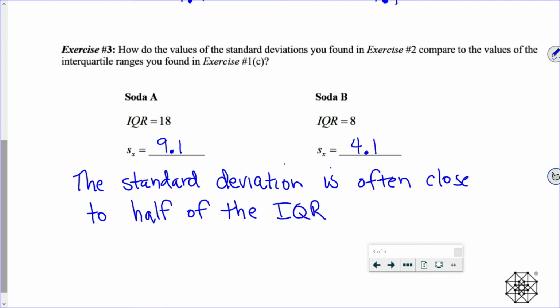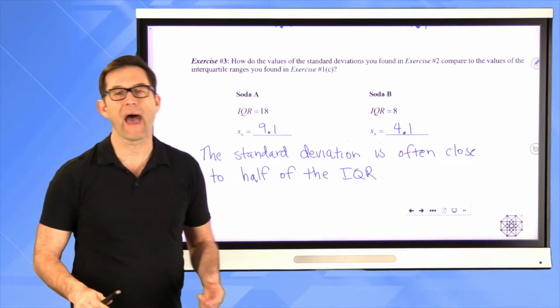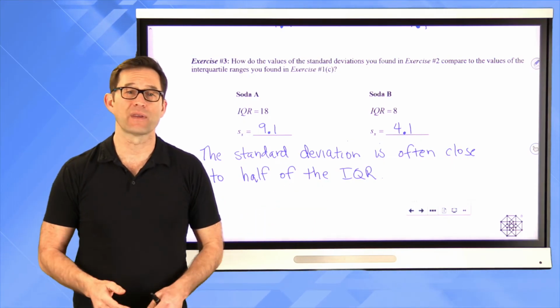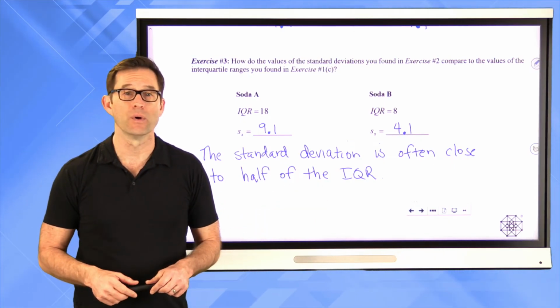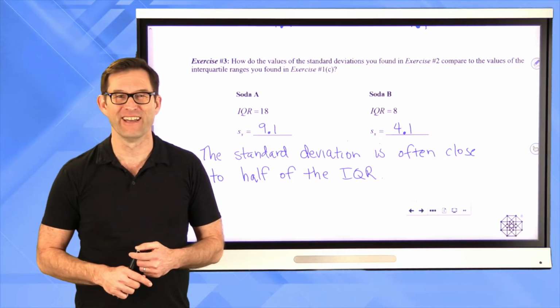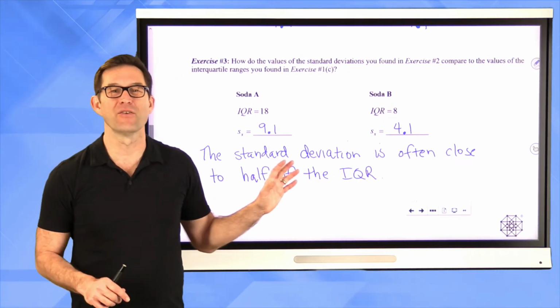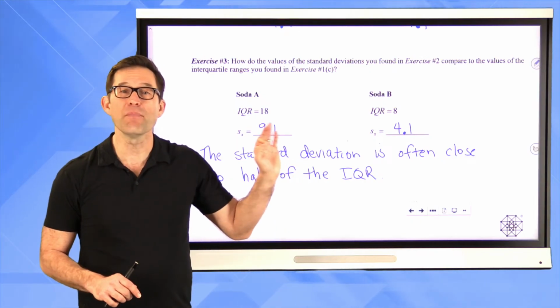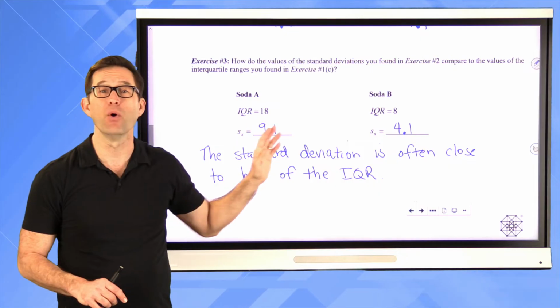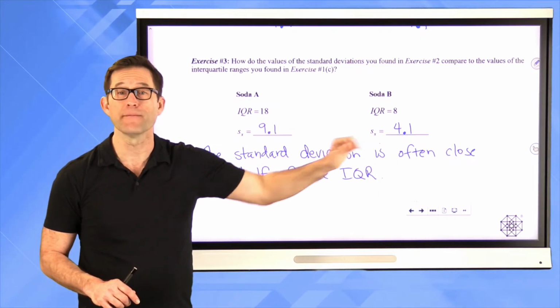Now, don't get me wrong, I don't expect it to be exactly half of the IQR. If that was the case, we'd get the IQR and we'd divide it by 2, and that wouldn't be a complicated formula. Oftentimes the standard deviation is actually just a little bit more than half of the IQR, and you see that show up in both of these situations.